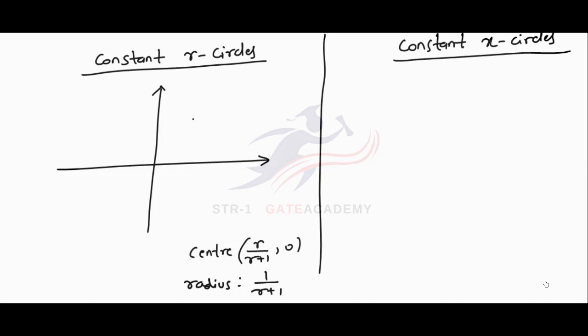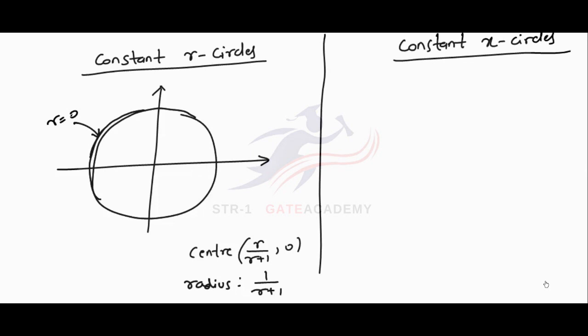So this circle will be like this. This is the r equal to 0 circle. Its radius is 1 and its center is 0 comma 0.